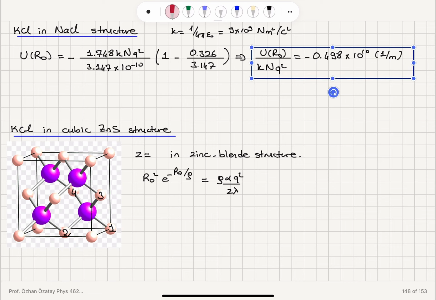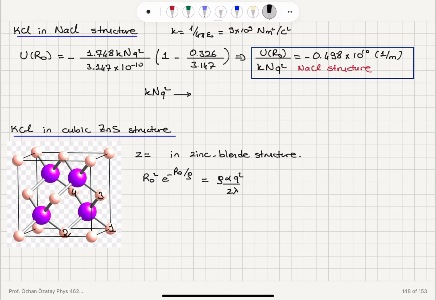All right, so this is for the sodium chloride structure. And how did I get this 1 over meters? Well, Coulomb's constant K times capital N Q squared has a unit.